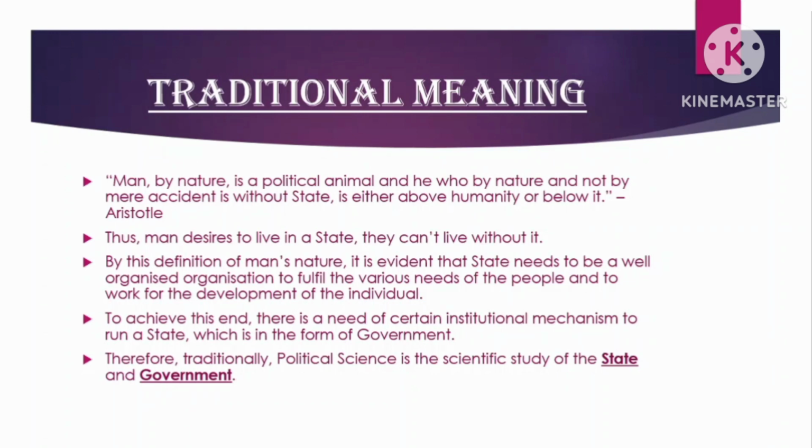What makes human beings different from these two is that we live in an ordered society which is governed by certain laws, rules and regulations. That is why Aristotle is saying that by nature man was destined to be in a state. Man was always meant to live in a state. He cannot live without it.